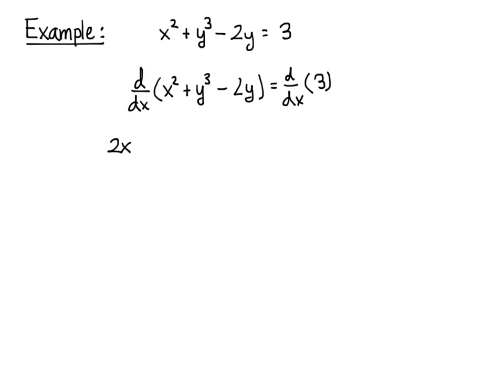So the first term is going to be 2x, right? The derivative of x squared is 2x. The derivative of the second term, 3y squared, and then the chain rule says you have to take the derivative of y, and so you get dy/dx. And then we have negative 2y, so the derivative of that is just going to be negative 2 dy/dx. And then, of course, on the other side we have 0, because the derivative of any constant is 0.